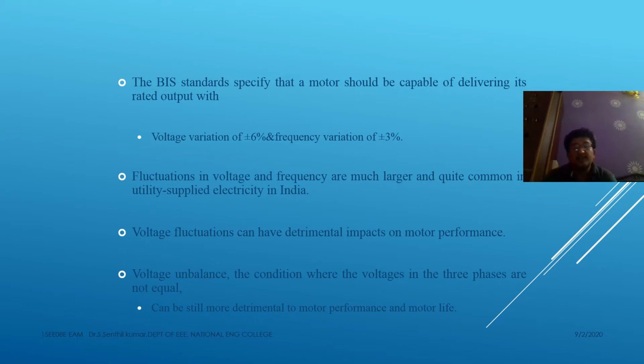As per the BIS standard, a motor should be capable of delivering its rated output with a voltage variation of plus or minus 6% and a frequency variation of plus or minus 3%.